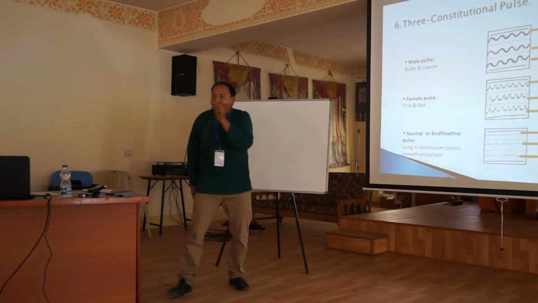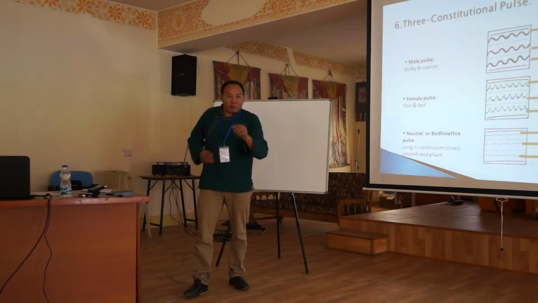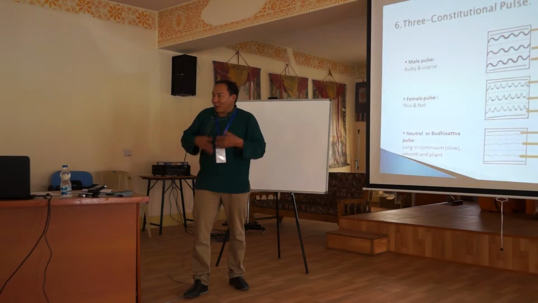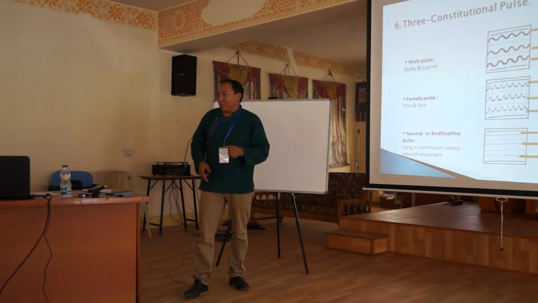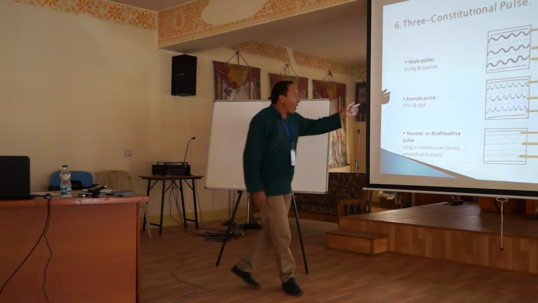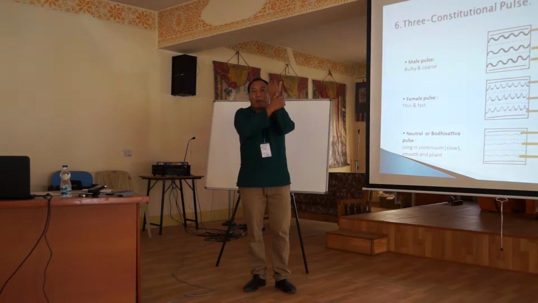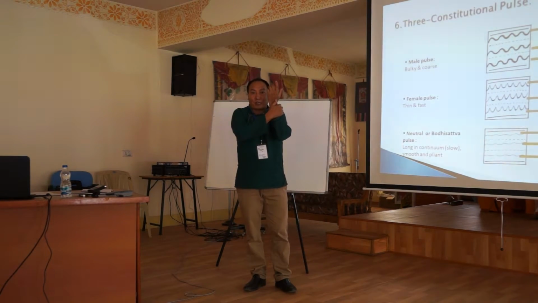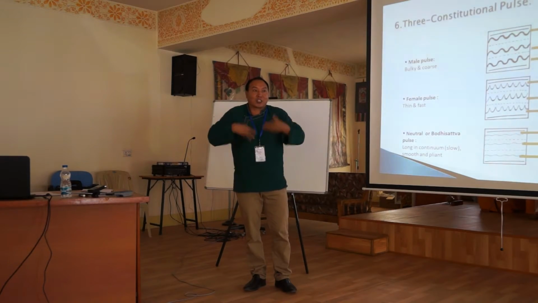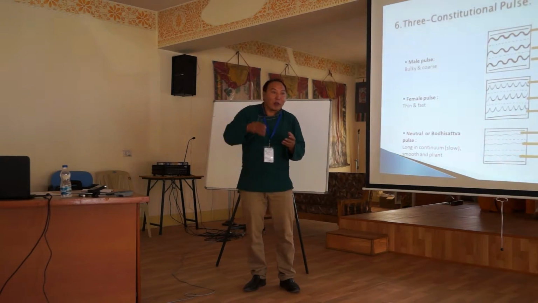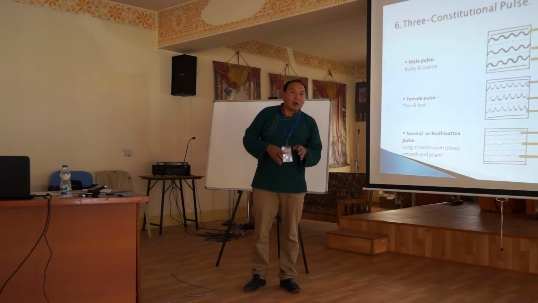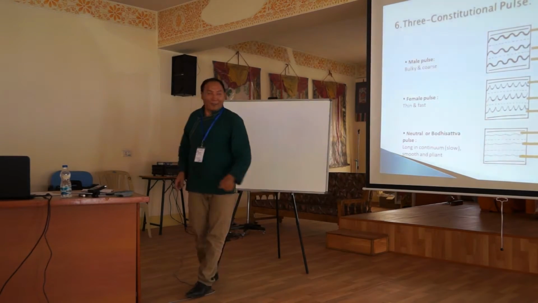I'm talking about a married female who has to deliver babies. At that time, if the female has a male pulse characteristic, then she will deliver many boys. She will not give birth to a girl child; she will give birth to male children. Do you understand this? Okay.